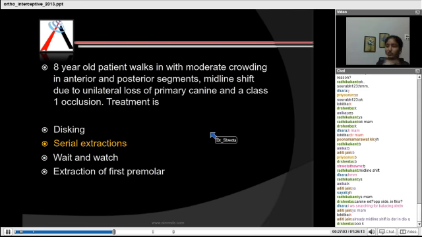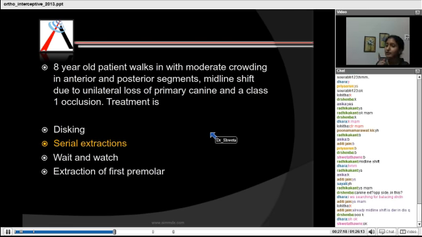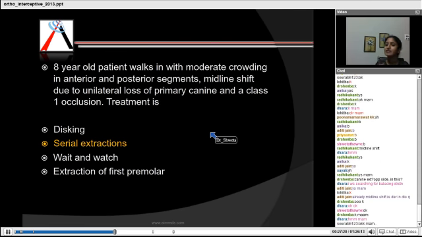But here already there is crowding, midline has been shifted, already problem has worsened to an extent where you have to go for a serial extraction. Getting me? There is already one question also where it says that 5-3 is prematurely lost. What will be your treatment plan? In that you will go for extraction of 6-3 only.